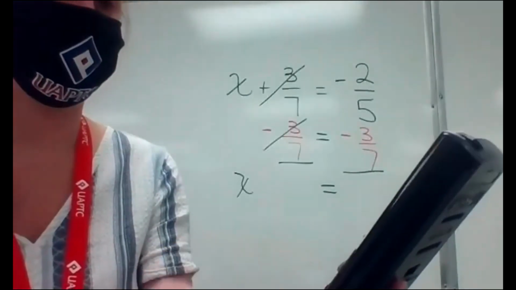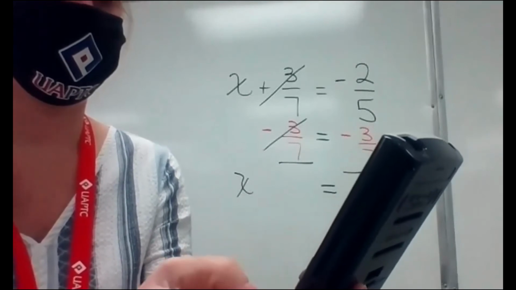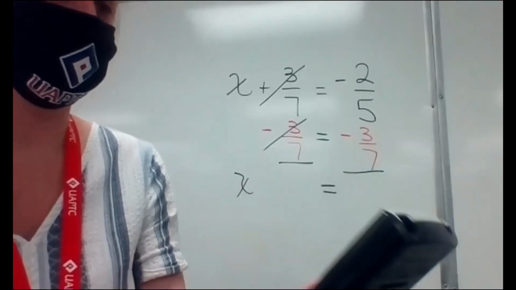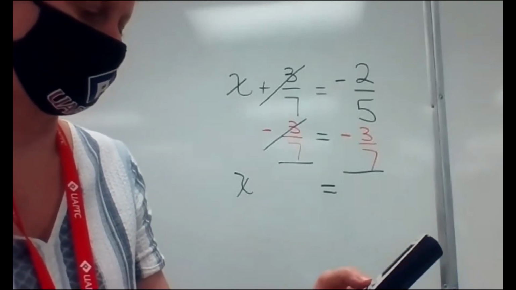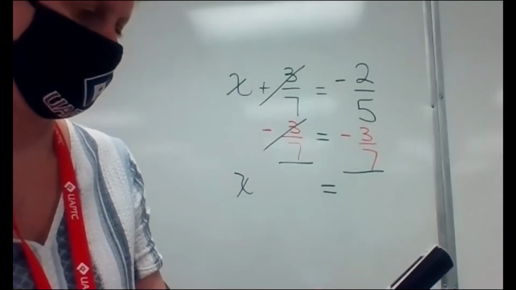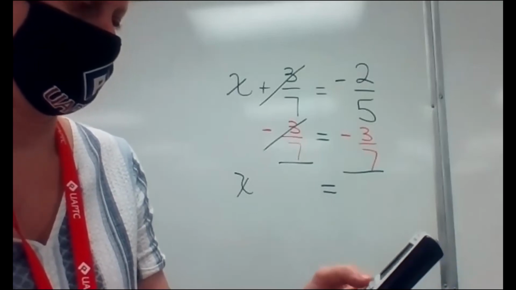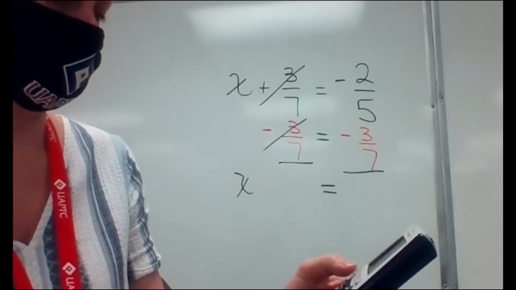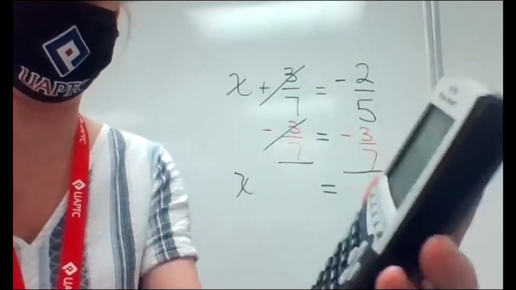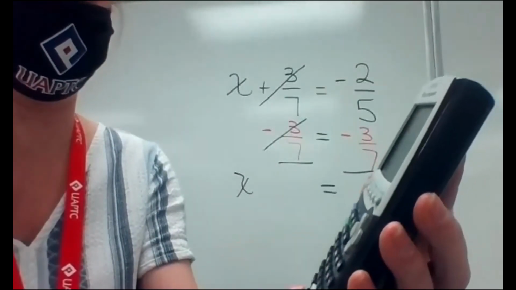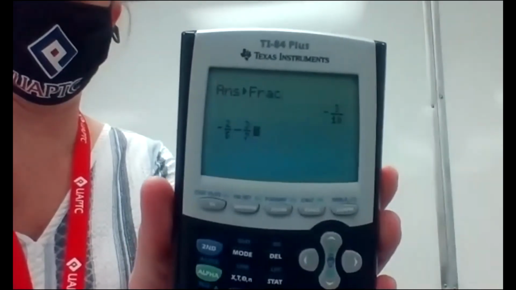Uh-oh, hang on. So I'm back to where I was. So I'm going to do 3 over 7. So 3, down arrow, 7. Hit enter.